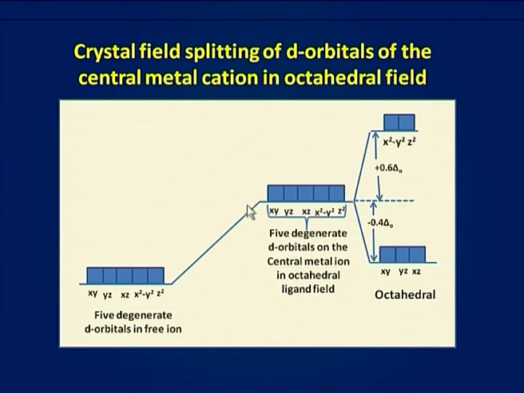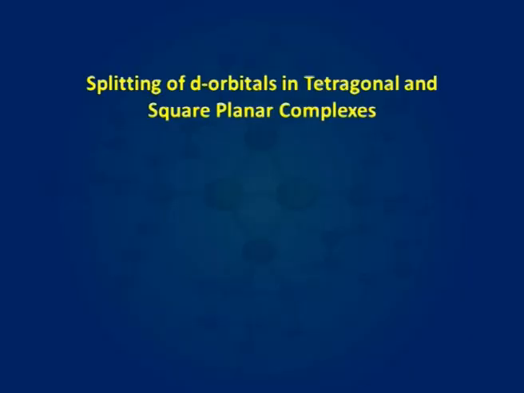These are 5 degenerate orbitals on the metal ion in a spherical octahedral ligand field, and this is the splitting of d orbitals. Now we will discuss the splitting of d orbitals in tetragonal and square planar complexes.